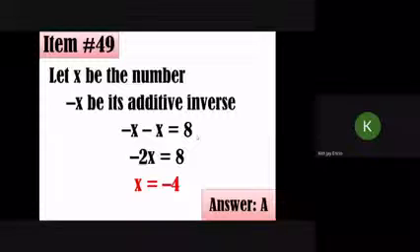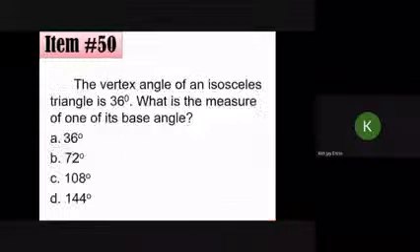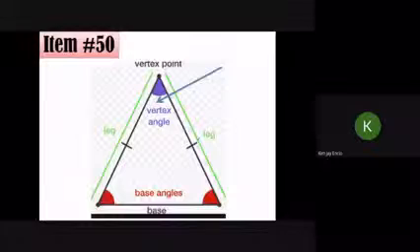Okay, and let's have number 50. The vertex angle of an isosceles triangle is 36 degrees. What is the measure of one of its base angles? 36, 72, 108, or 144 degrees. Now, when we speak about vertex angle, we have this.